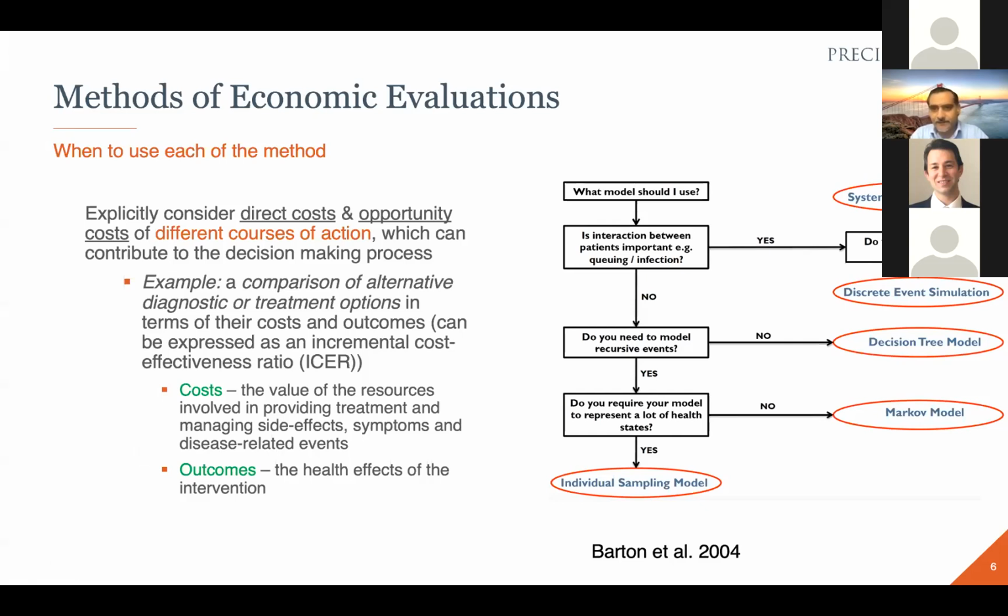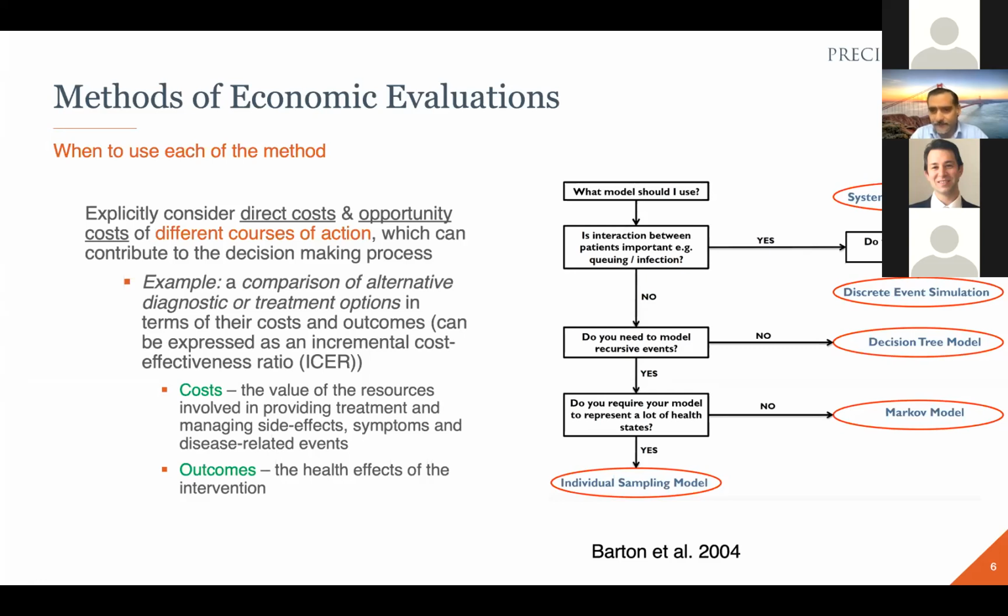It starts by asking whether interaction between individuals is important. If yes, you use either discrete event simulation or a system dynamics model. If no, you ask whether a recursive event is there. If it is, you go with an individual sampling model. If it is not, you talk about a decision tree.